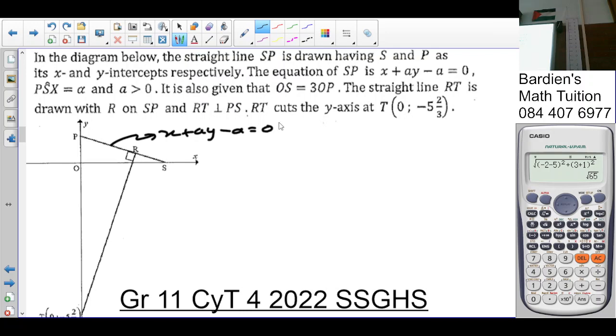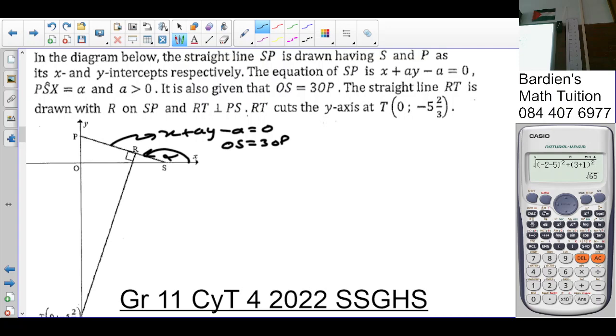That angle here is alpha. And alpha is greater than 0, which means to say it's positive. It's also given that OS is equal to 3OP. Straight line RT is drawn, and R is on SP and RT is perpendicular to SP.